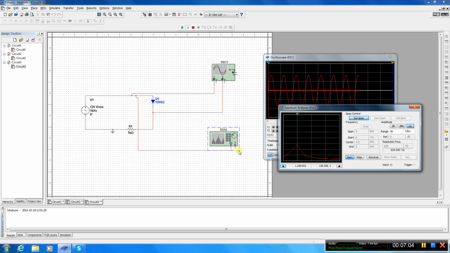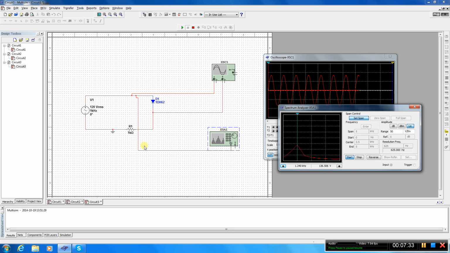So we should have only this one peak exactly at 1 kilohertz. Anyway, we have it, and as you see, we don't have any other peaks, so no other spectrum components are present at this point. So when this sine wave enters the diode, we have only one spectrum component exactly at 1 kilohertz.